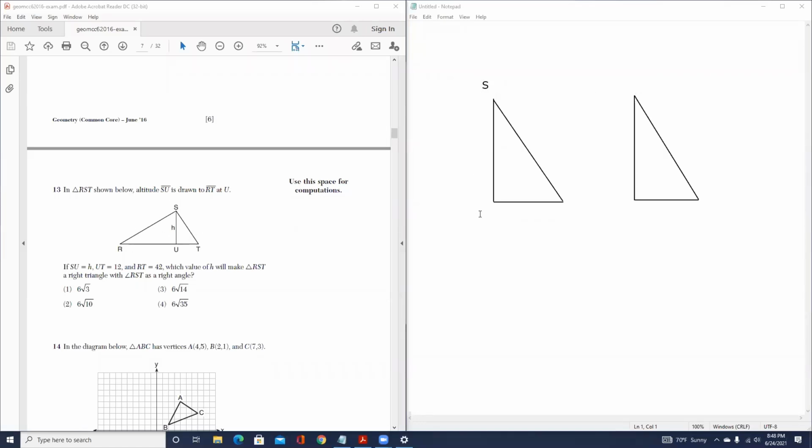So our first triangle is triangle SUT. Our second triangle is triangle RST.